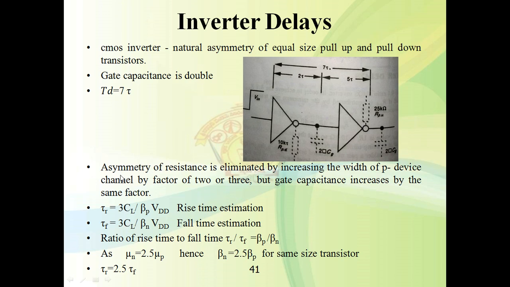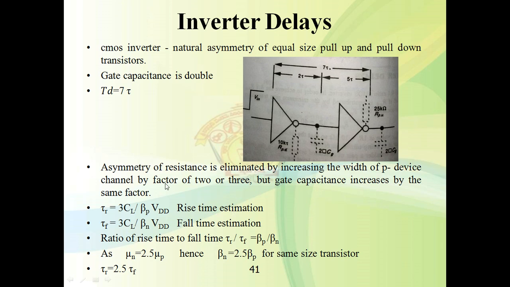As we have seen, the asymmetry of the resistance is eliminated by increasing the width of the p-type transistor. We have already discussed how to decrease the resistance: to decrease resistance, we have to increase the width.